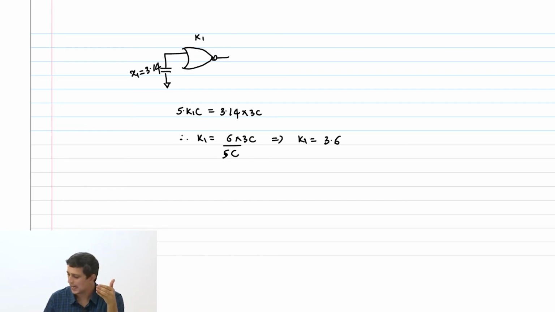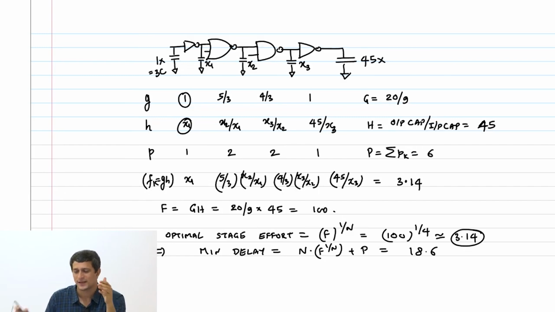Or in the tutorial you will see that I will now change this normalizing capacitance. Instead of 45x, I will say that the capacitance is equal to some 100 lambda of width.